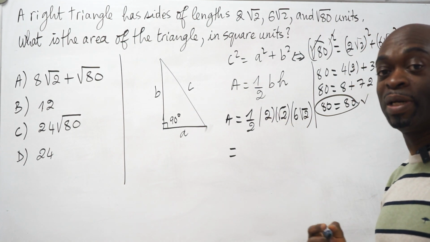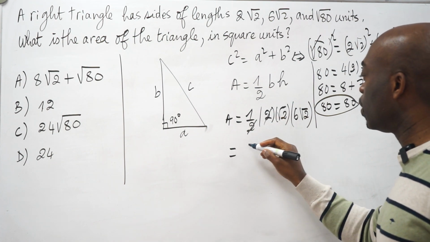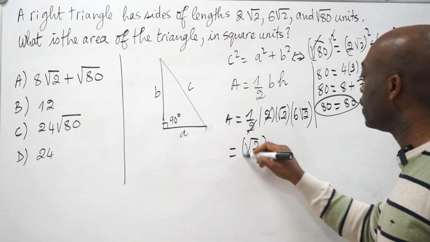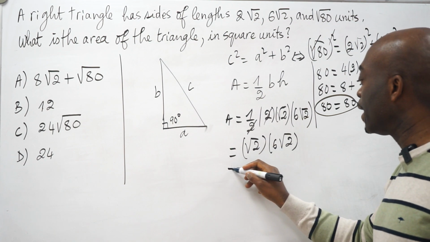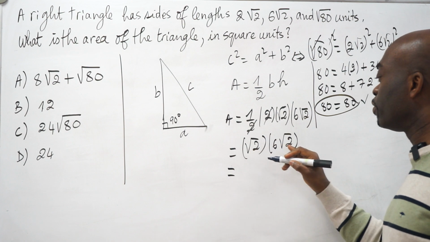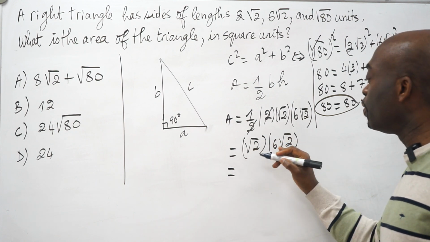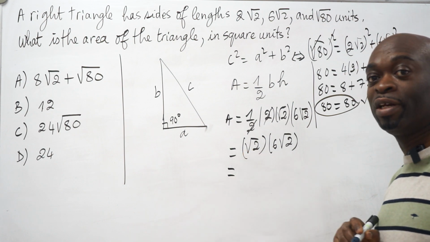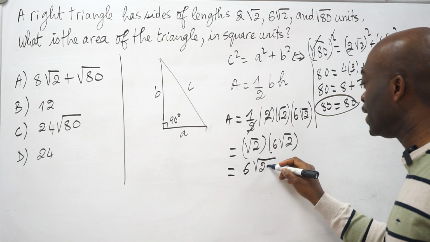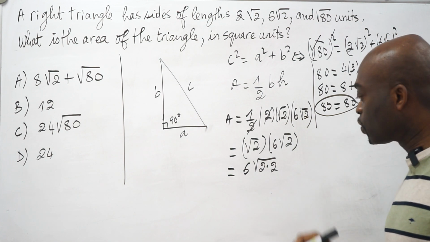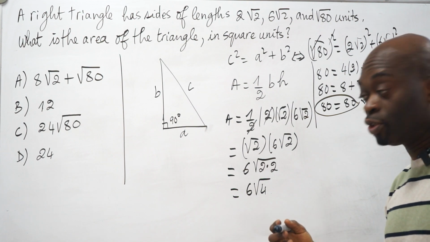So what can we do here to make our lives a lot easier? The 2 and the half cross out. So you end up multiplying square root of 2 times 6 square root of 2. We know that square root of 2 times square root of 2 gives us 2. And 6 is by itself, because it is 6 times 1, the invisible one in front of this. So that gives us 6 square root of 4, and square root of 4 is 2.